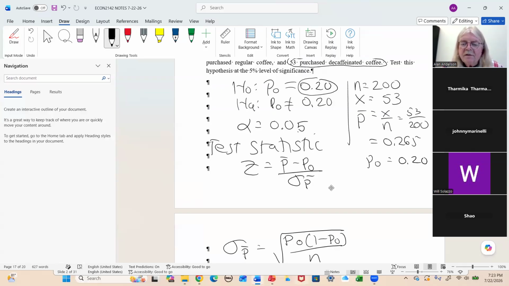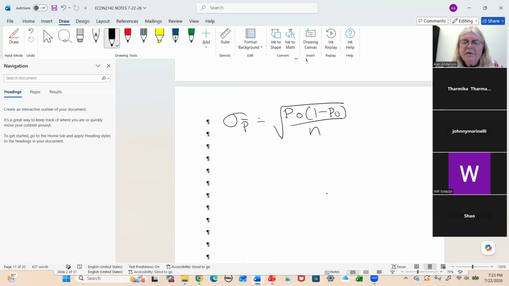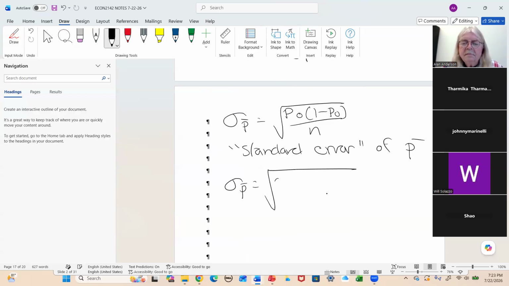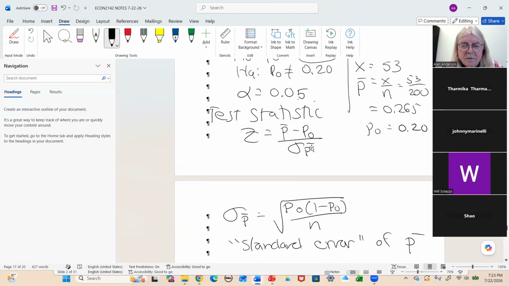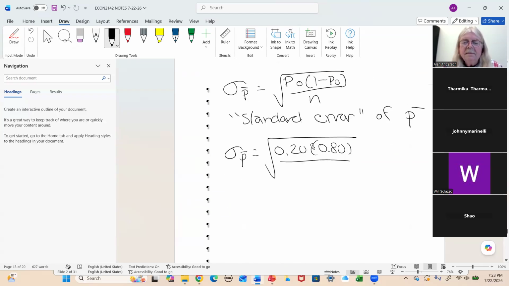So therefore, let's start with this term. This, as you recall, is the standard error of p bar. Sample size was 200.